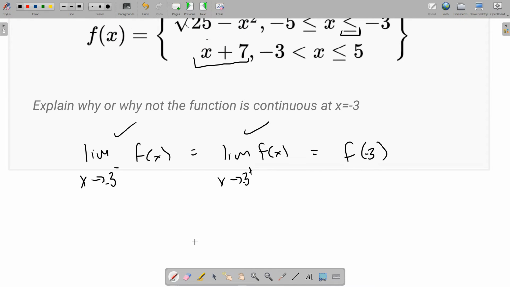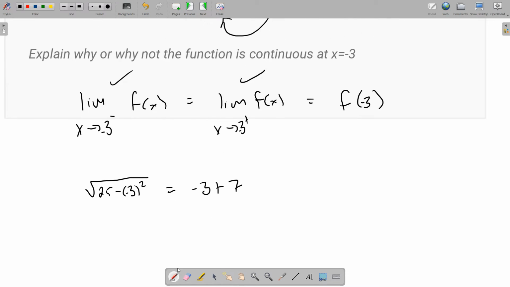So I'm literally just going to take -3 and plug it into both. So I have the square root of 25 minus -3 all squared, is that equal to -3 plus 7? What I'm doing is taking this -3 and plugging it in here, and taking this -3 and plugging it in here, to see if it's true on both sides of that piecewise function.